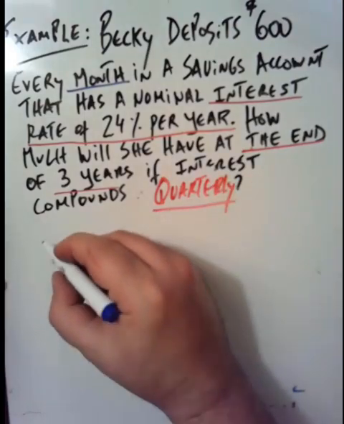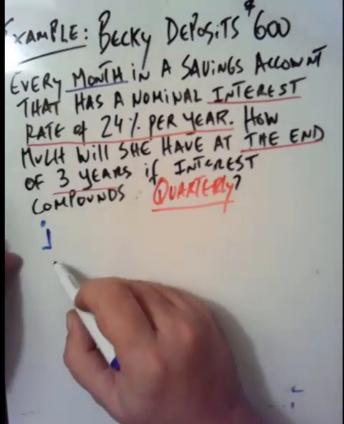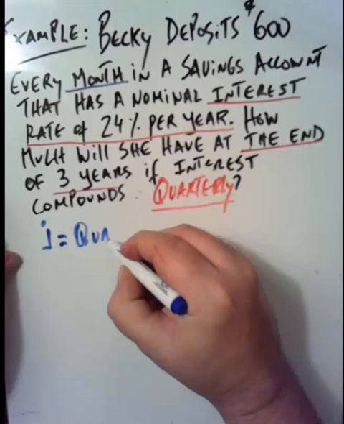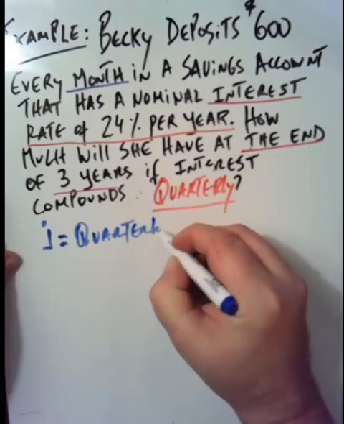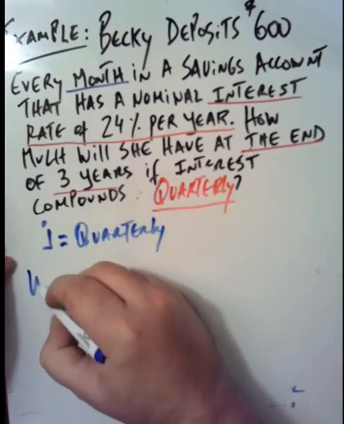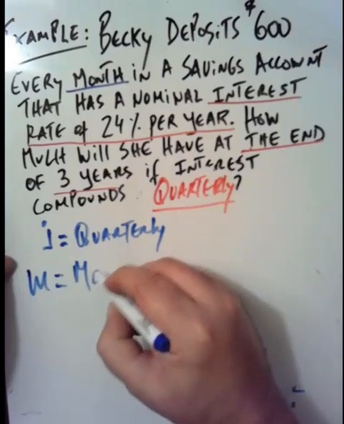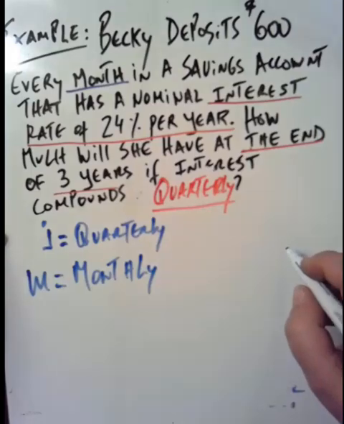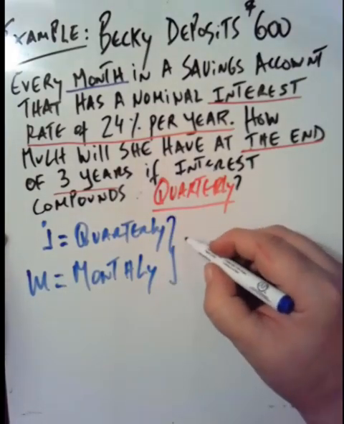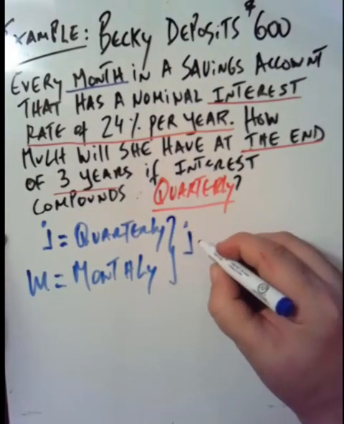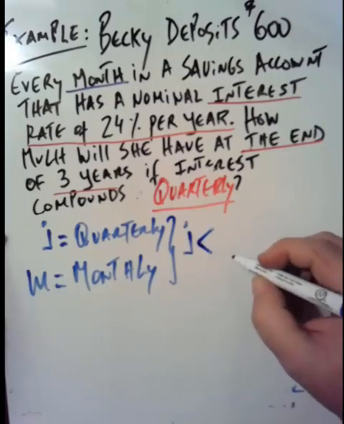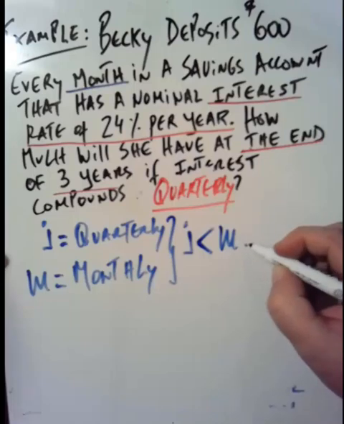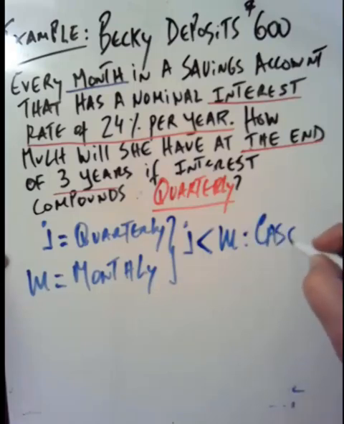So again, we start by assessing the relationship between the frequency of compounding, which now is quarterly, every quarter, whereas the payments are still being made monthly. So quarters, the frequency of compounding, happen less frequently than months, the frequency of the cash flows. So this is what we call a case 3.